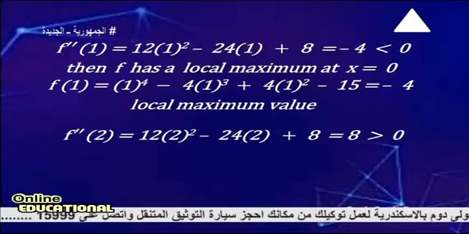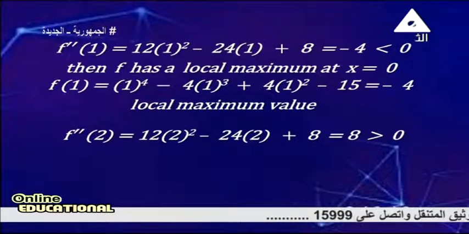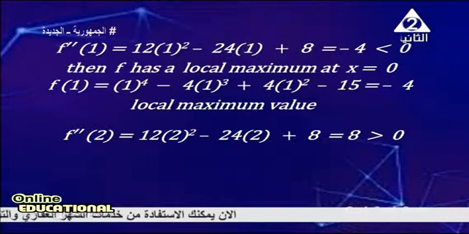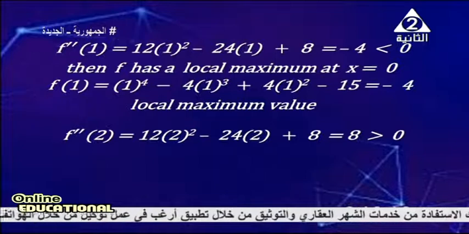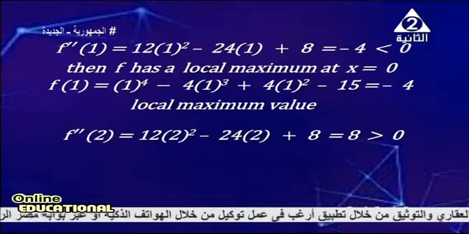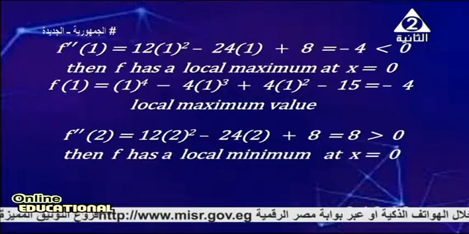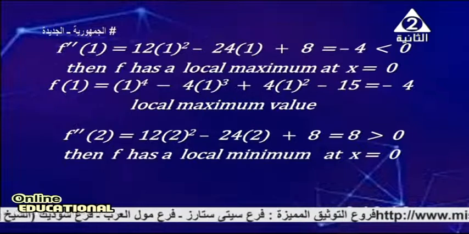What about the critical point at x equals 2? F double dash 2 equals 12 times 2 power 2 minus 24 times 2 plus 8. F double dash 2 equals 8, a positive number greater than 0. Then the function f has a local minimum value at x equals 2.